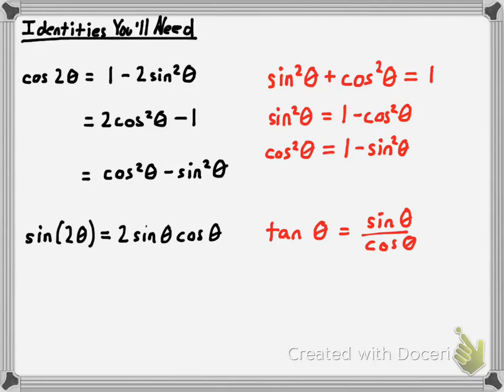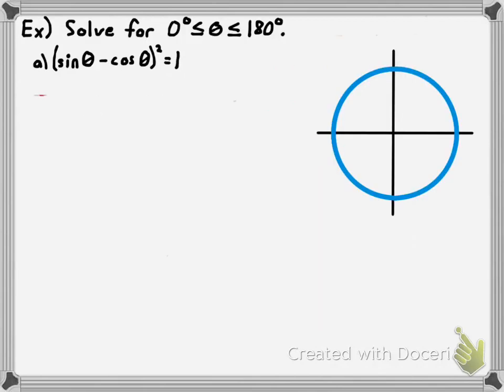And we'll need to know the identity tangent theta equals sine theta over cosine theta. Not guaranteed we'll use all of those in all the problems, but those are the ones in your tool belt that IB is going to expect you to know, up to this point at least. So, let's get on to solving some equations.